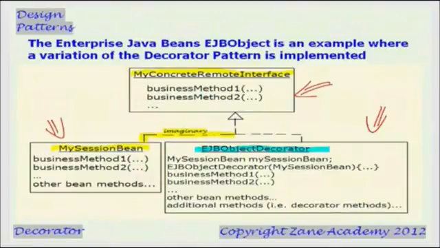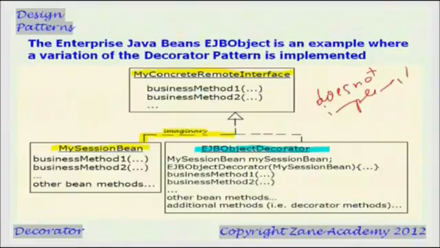In any case, the other thing that I wanted to mention here is that in this example, I wrote here imaginary for my session bean, and the reason it's imaginary is it does not implement the my concrete remote interface, so it does not implement the remote interface.